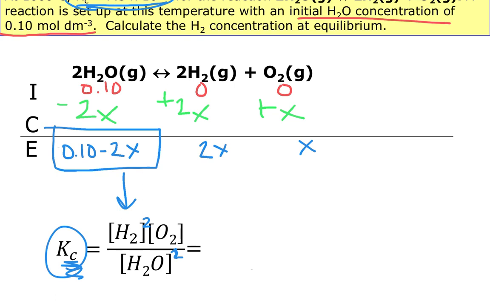So when it's given that the Kc is very small, we can essentially just ignore this minus 2x, because we would assume that given the sig figs, in comparison to the 0.1 molar, no noticeable change would be observed. Now you cannot do that to the products, because anything would be measurable or not negligible in comparison to 0. It's only negligible in comparison to the 0.1.